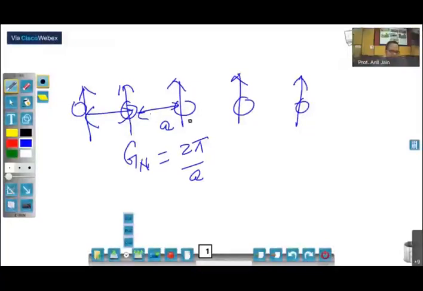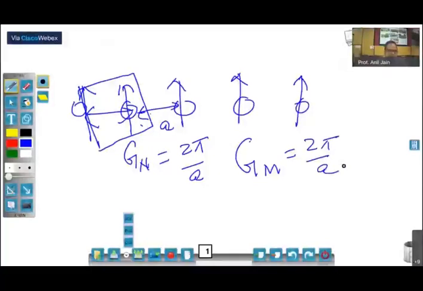So now your magnetic unit cell is also the same, your Gm is 2 pi over A. Now suppose you do the experiment for this material. This is a hypothetical experiment, so let me erase this.